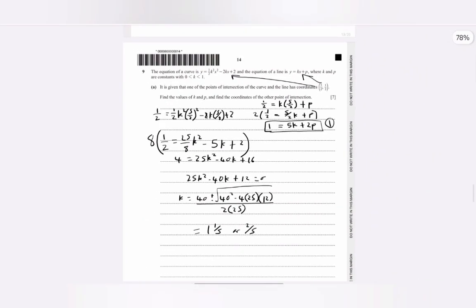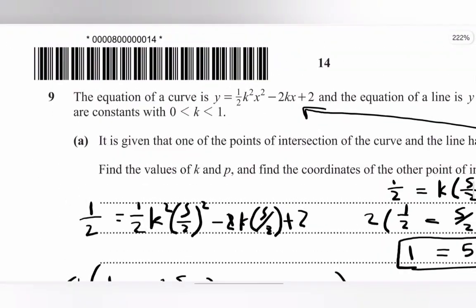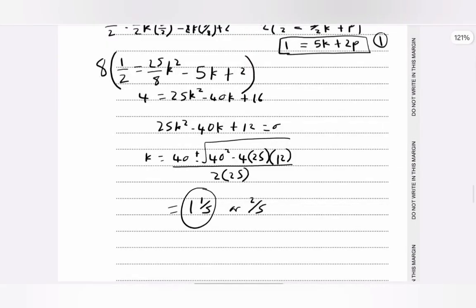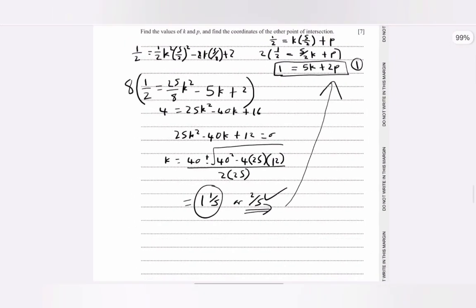Now we have two values of k, but we're given a range. k should be between 0 and 1, and we can see that this is greater than 1, so we're just going to take k being equal to 2 over 5. And with that value of k, we can get the value of p by substituting it into that.